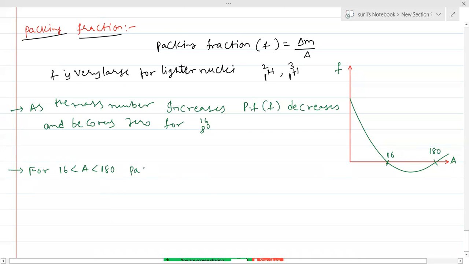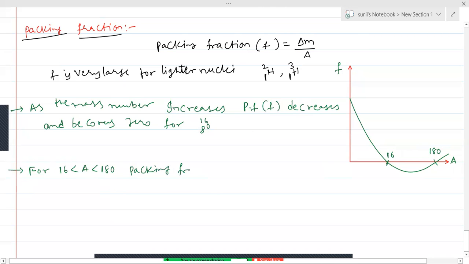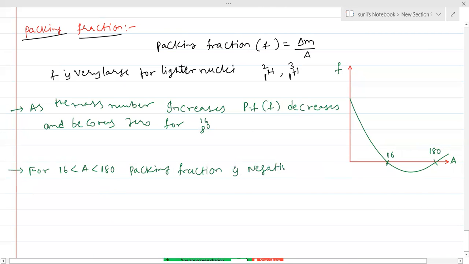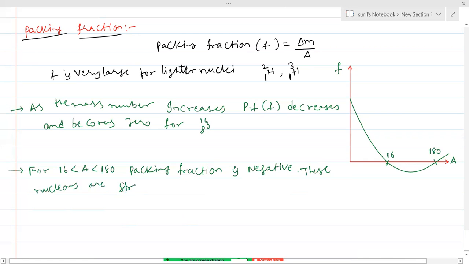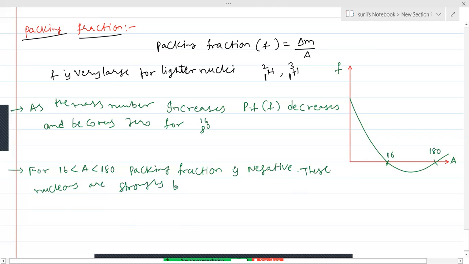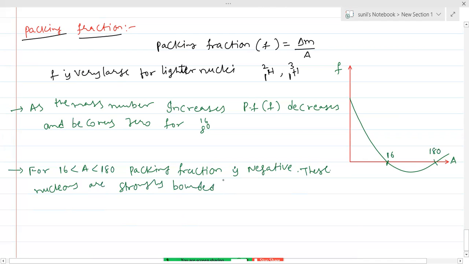The packing fraction is negative. When the packing fraction is negative, definitely these nucleons are strongly bound to the nucleus.